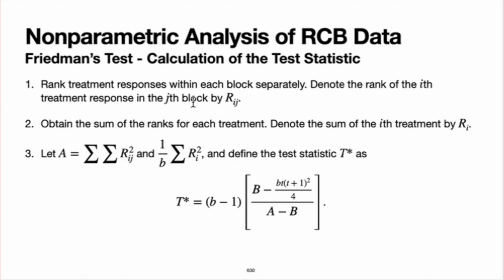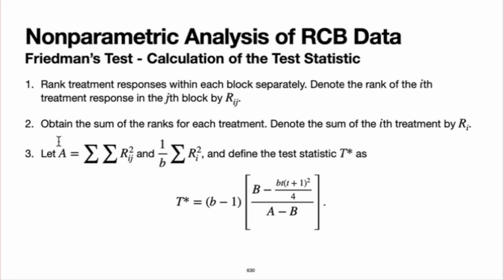For purposes of calculation and notation, we will denote the rank of the ith treatment response in the jth block by capital R sub ij. So we've got t treatments, i going from 1 to t, and we've got b blocks, j going from 1 to b, and so R sub ij is the rank of the ith treatment response within the jth block.